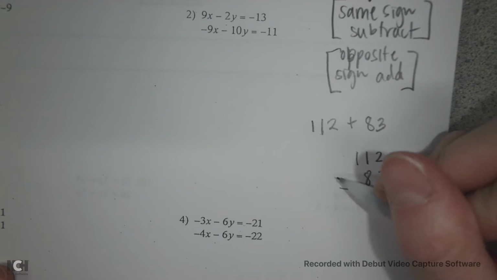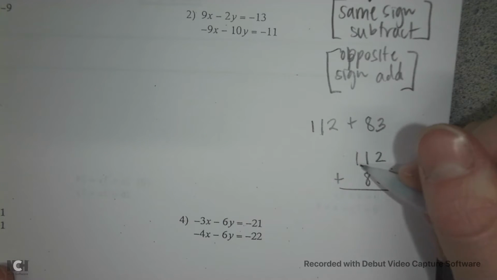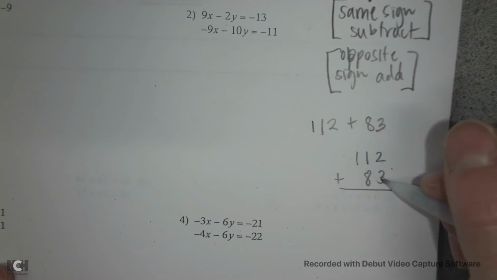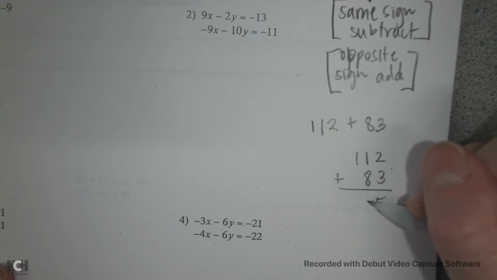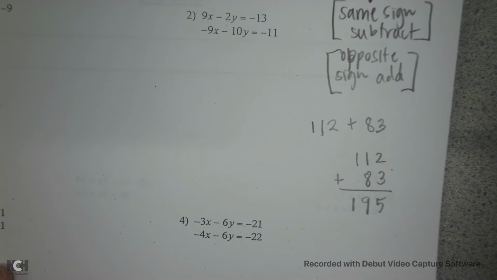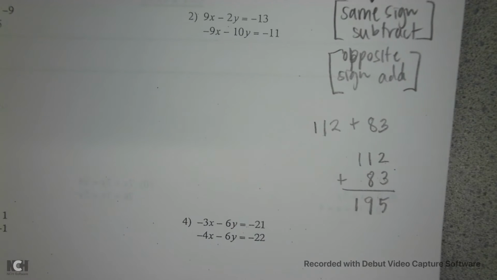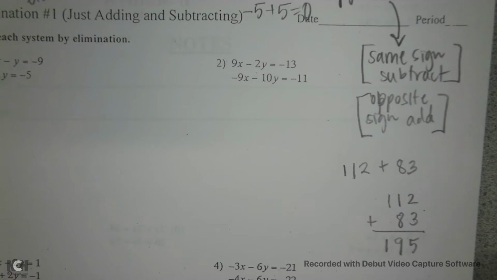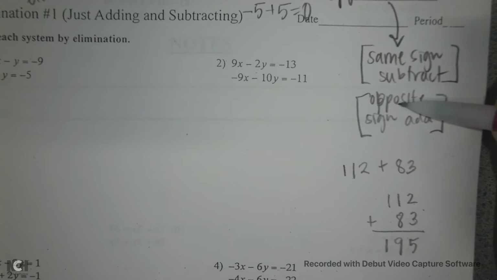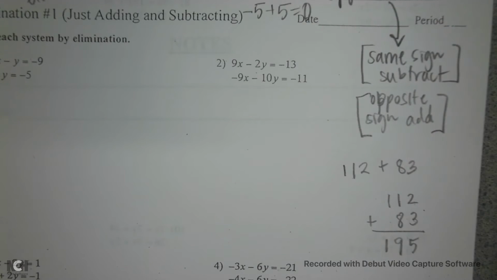And then you would add straight down. So you'd always start on the right hand side. 2 and 3 is 5, 8 and 1 is 9, and 1 and 0 is 1. Okay, this is the idea behind elimination, but more so with subtraction. You can use addition. Well, if they are the opposite signs, we'll add, and the same sign subtract.